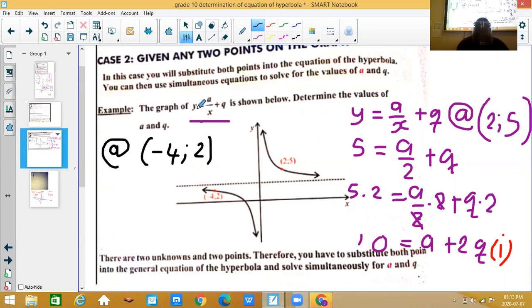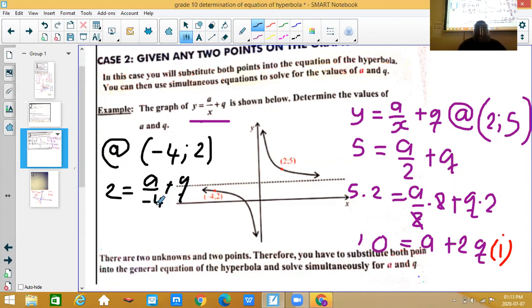What is the value of y here? 2. So you plug in 2 is equal to our a. What is the value of x? -4. -4 plus q. Are you following?